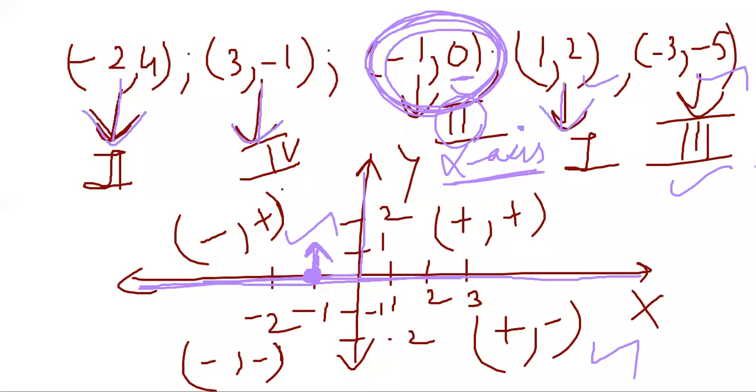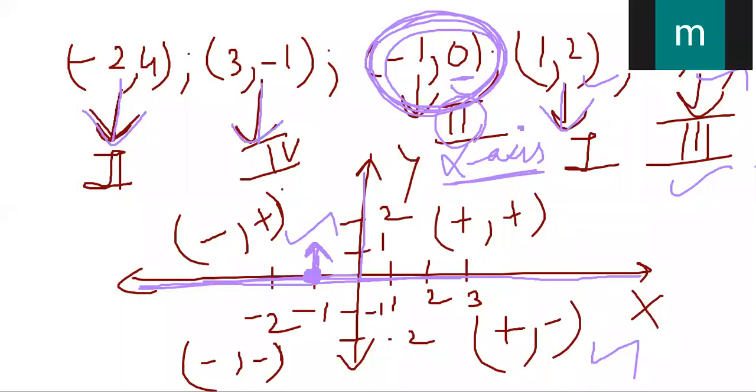On graph paper, can you do it? Okay. Verify your answer by locating them on the Cartesian plane. आपको ये सब जो आंसर्स आपने दिए हैं आपको वेरीफाई करना है by locating on Cartesian plane. ठीक है?